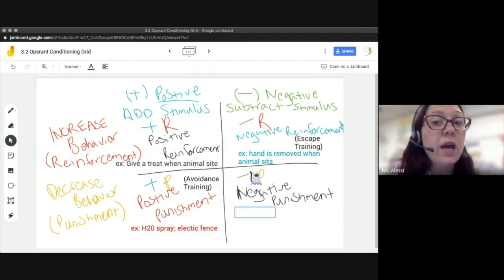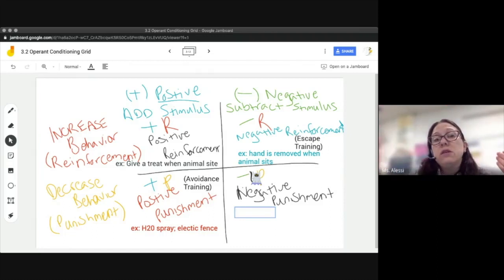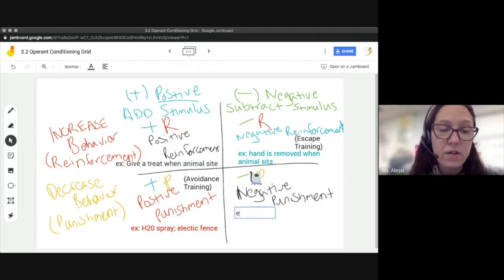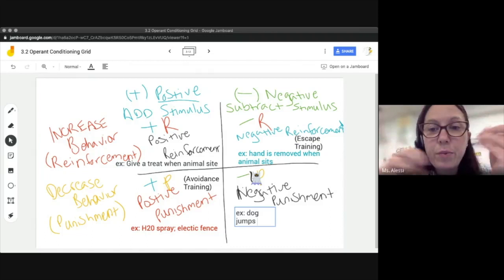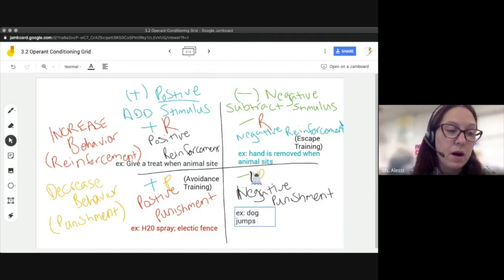You've gone away. You're the stimulus, right? And then the animal's going to stop that behavior. So that's one of the great examples: when that dog jumps, or is trying to nip, you just walk away from it. Dog jumps and the owner just walks away.